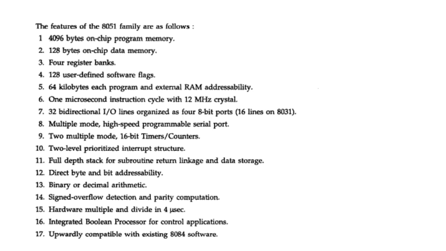So these are the features of the 8051, and the most important feature is not included here. The most important feature is you can program the 8051 by using C language. Suppose you want to become an embedded system engineer right now, you can do that. You just have to focus on C language and Python language. If you learn these two languages, then you will be able to apply C and Python to the 8051, because these are the most powerful languages in the world.